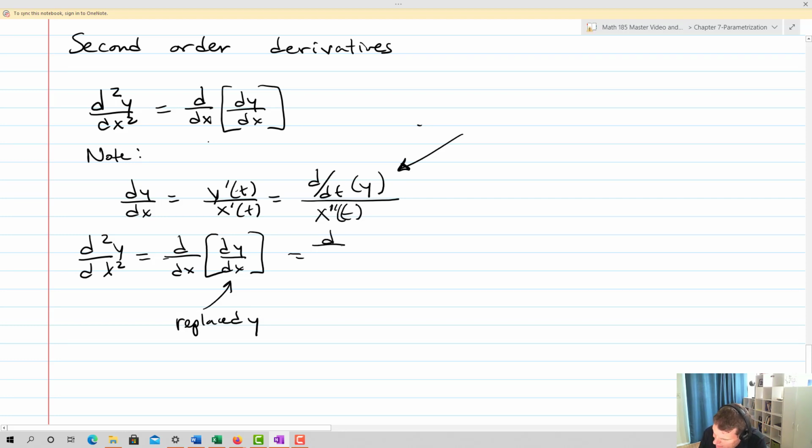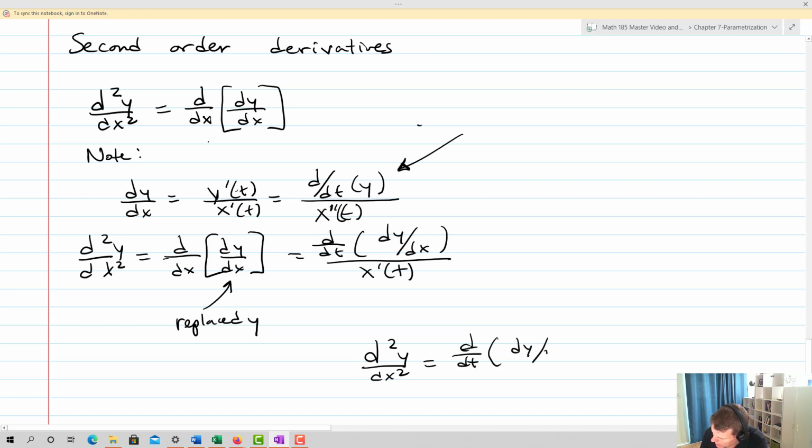So this is now going to be d dt of dy dx divided by x prime of t. And that's going to be the derivative. So we rewrite this, and that's d squared y dx squared. The second derivative is going to equal d dt of dy dx over x prime of t.